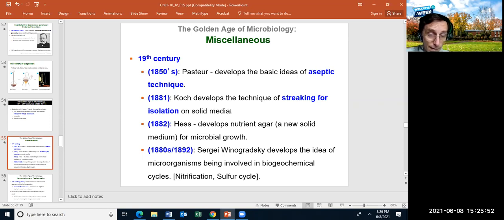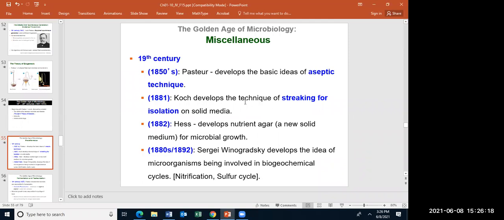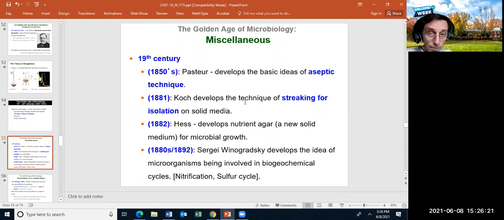You do it and get isolated colonies, and you take from the first isolated colony and you streak it a second time and get an isolated colony. If you take from a colony that's gone through 2 colony isolation events, you most likely, greater than 95%, have a pure culture. Okay? So Koch developed a simple technique for streaking for isolation, allowing us to easily get a pure culture.